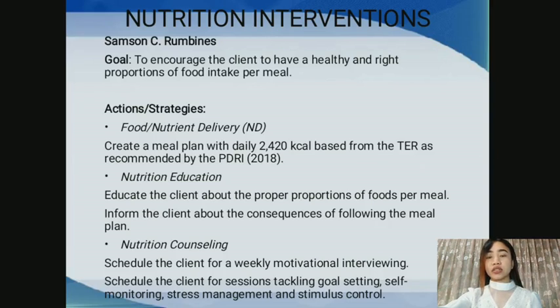Next is to educate the client about the proper proportions of foods per meal and to inform the client about the consequences of following the meal plan. For nutrition counseling, schedule the client for a weekly motivational interviewing and for sessions tackling goal setting, self-monitoring, stress management, and stimulus control.